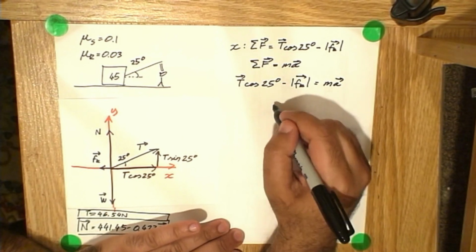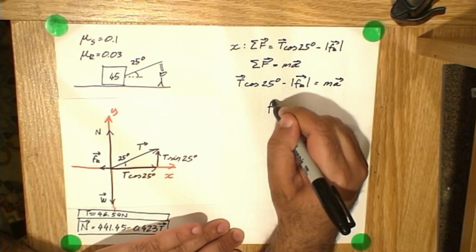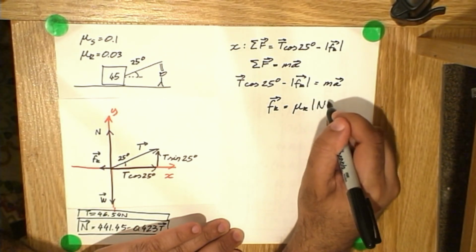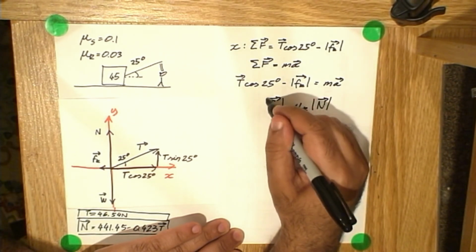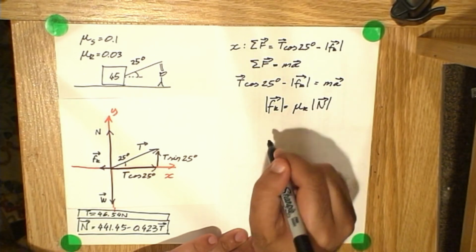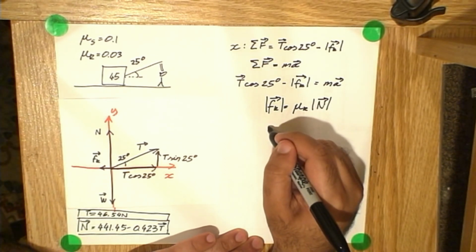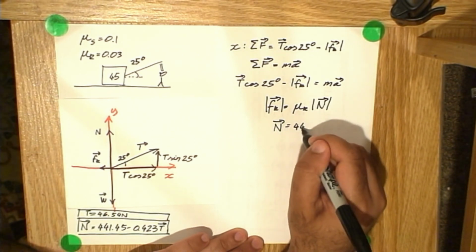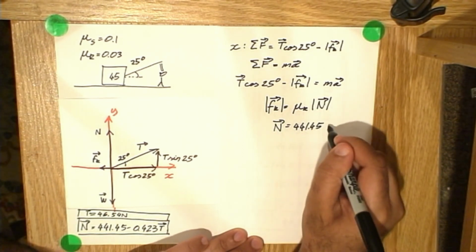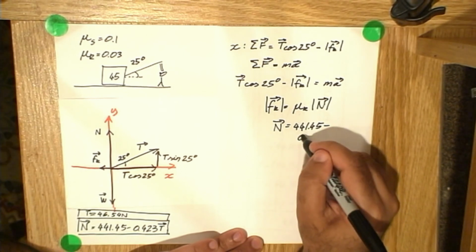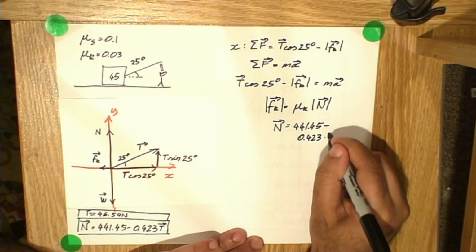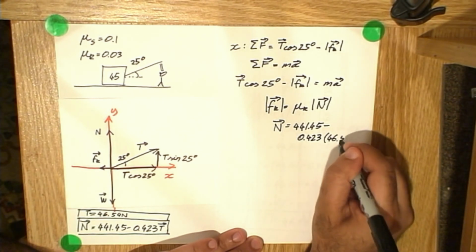Now, what's the force of kinetic friction? Force of kinetic friction is equal to mu sub k multiplied by the normal force. So let's first solve for the normal force. The normal force is equal to 441.45 minus 0.423 times the tension force, which was 46.54.